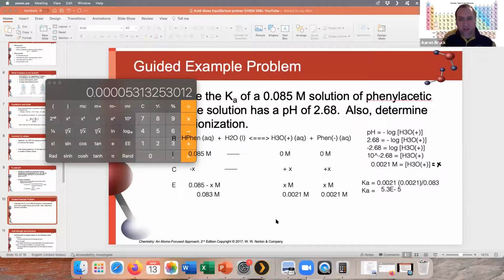Now for the percent ionization, remember for percent ionization, it is the concentration of H plus at equilibrium divided by the concentration of HA initially times 100%.